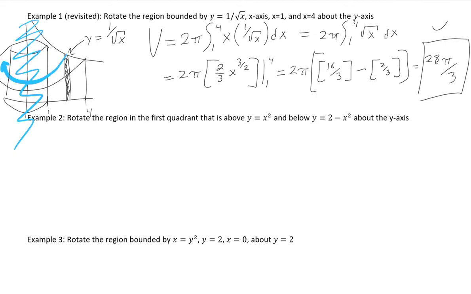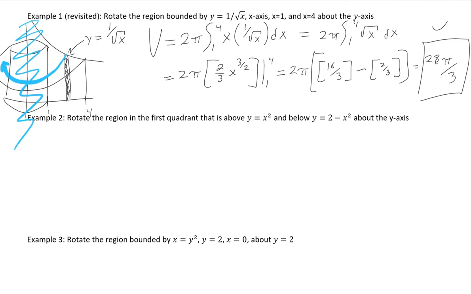You really want to use shells in a few situations. If using the washers would result in using multiple integrals, try using cylindrical shells instead. Or if isolating the variable is too difficult.